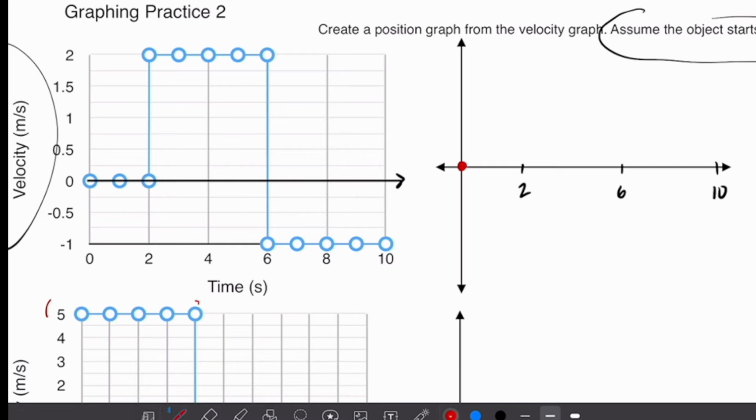I'm going to encourage you to use the areas that are clearly represented here and find the displacement in each interval. For example, there's no displacement in the first interval. 0 meters per second for 2 seconds means it traveled 0 meters in 2 seconds. That's easy to identify on the position graph. The object didn't move for the first 2 seconds, so at 2 seconds, it's still at the origin.